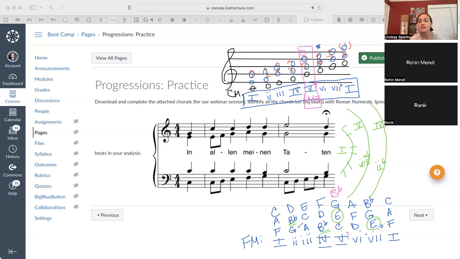What falls into the next couple categories are basically what we call passing chords. So passing chords would be the 6 and the 3. Now, 3 is not used very frequently at all. It's a very unstable kind of chord. It sounds minor. It also contains the leading tone.